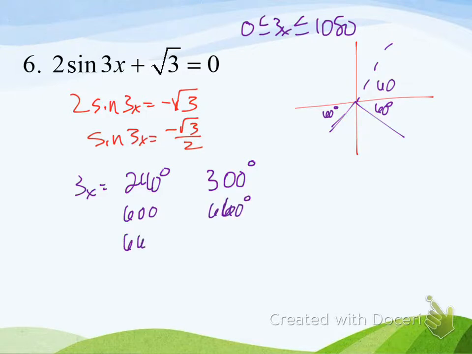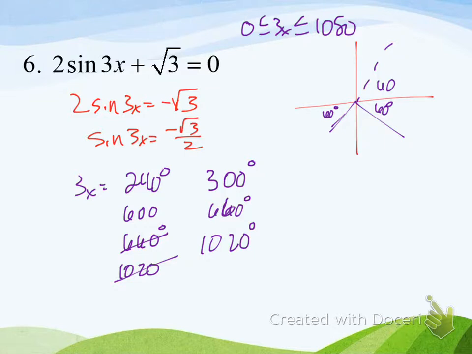And then 1020, and then we're capped out, and so we stop there. We've got two 660s and two 1020s, so don't worry about the copies.